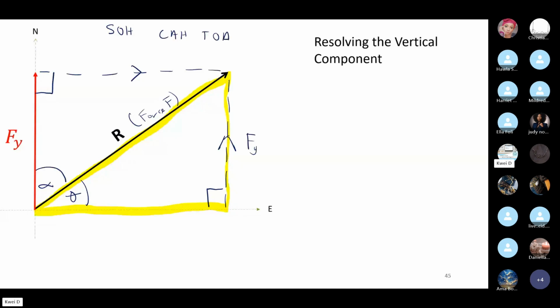So we can focus on the SOH, which tells us that the sine of the angle in the down right angle triangle is equal to Fy, which is the opposite, because Fy is opposite to the angle theta. So Fy divided by the hypotenuse, which is the R.